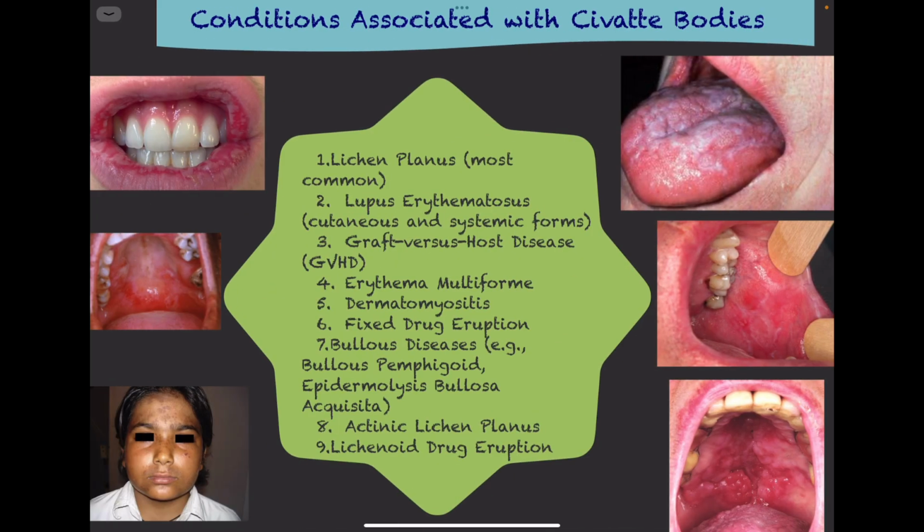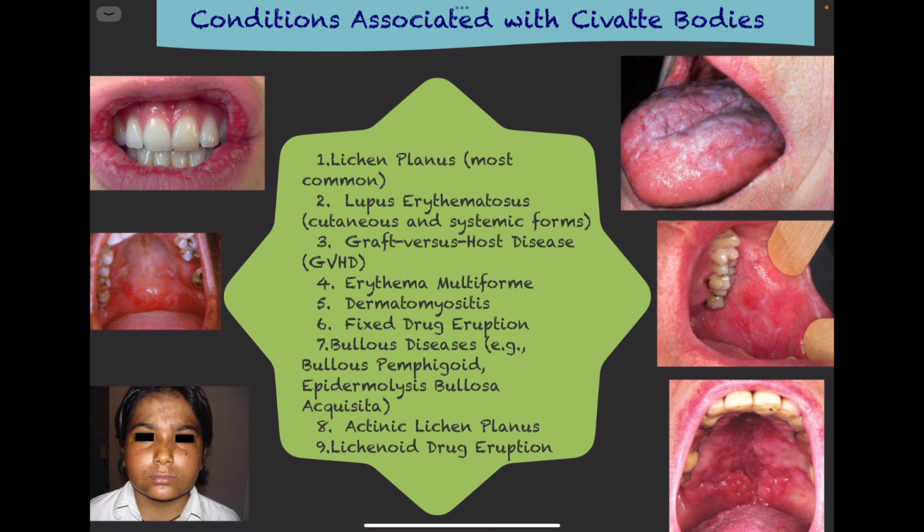Okay, so now we will discuss some conditions which are associated with civatte bodies, right? The most common condition is lichen planus. Second would be lupus erythematosus, both the forms, cutaneous as well as systemic. Now the point to note here is that these civatte bodies are not found only in an oral lesion of such systemic disorders, but they are present throughout, right?